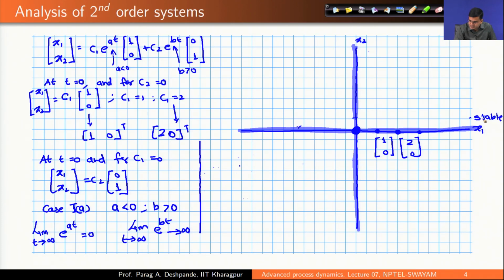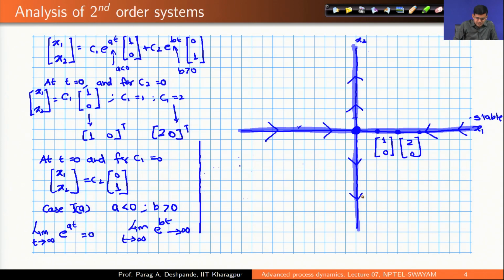I have this x 1 axis which is stable. So, wherever I start from, I am always going to come towards this point 0 0, because e to the power a t for a less than 0 is going to converge to 0. And this is exactly the opposite case for the other axis. So, I would have the direction of the time being denoted like this.